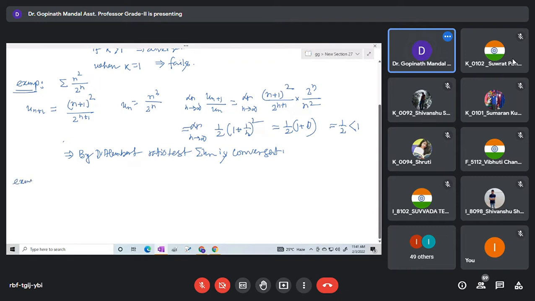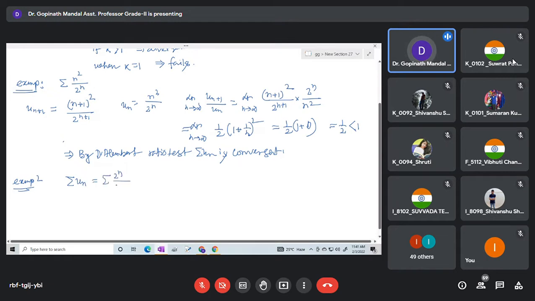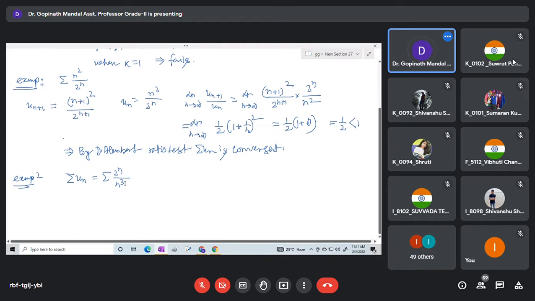Example 2. Test the convergence of the series Σ 2 to the power n by n cube. So the limit as n tends to infinity of u(n+1) by un. What is u(n+1)? 2 to the power (n+1) by (n+1) cube, by un which is 2 to the power n by n cube.